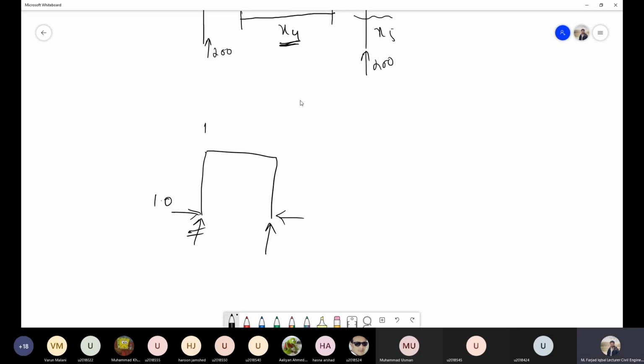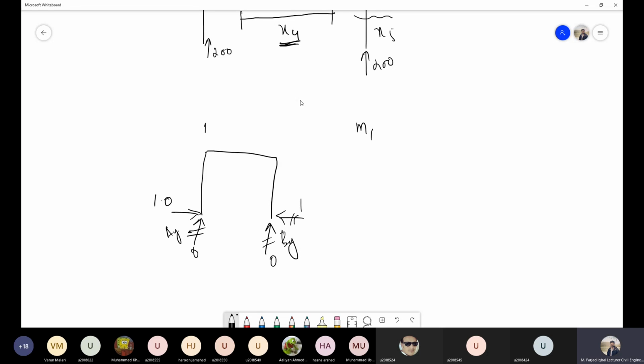What will be this AY? AY will be 0. What will be BY? 0. What will be this one? 1 px.